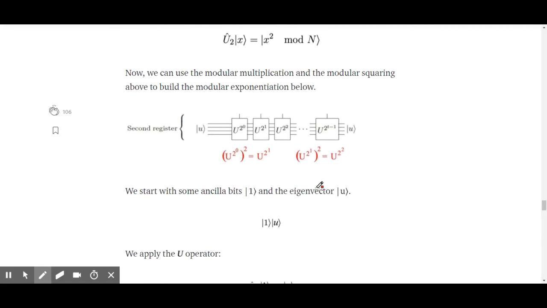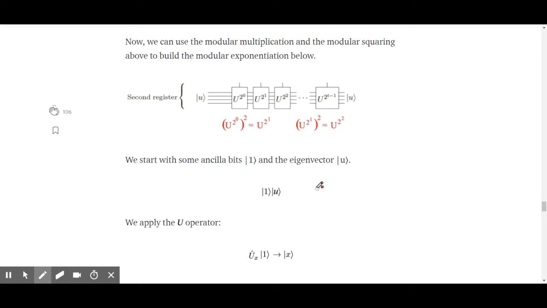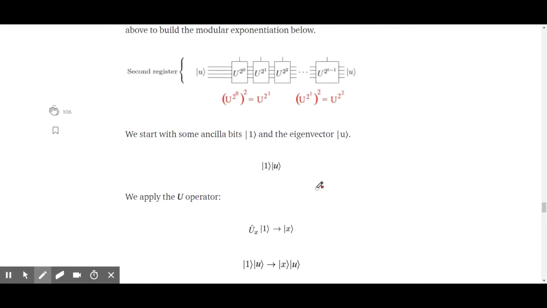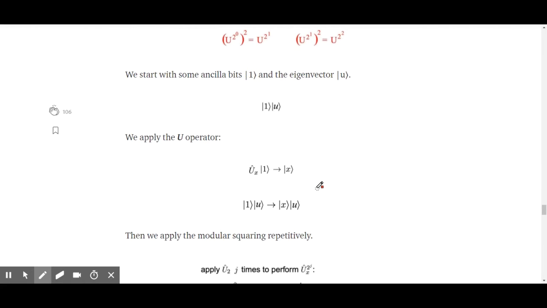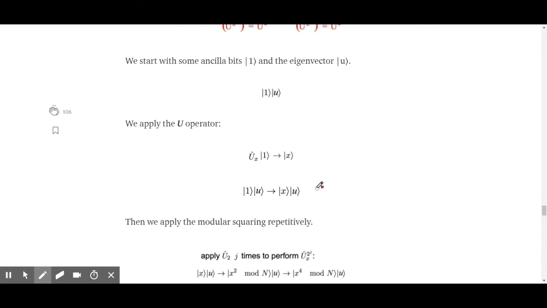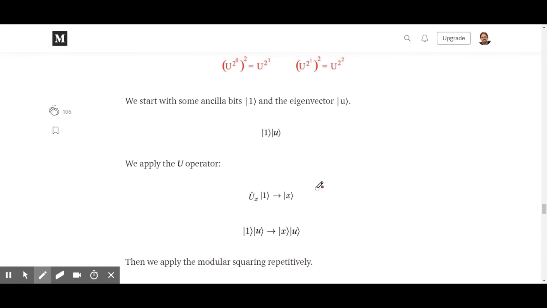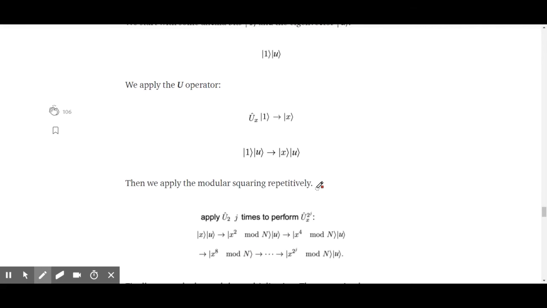We start with some ancilla bits and the eigenvector u. We apply the u operator. Then we apply the modular squaring repetitively.